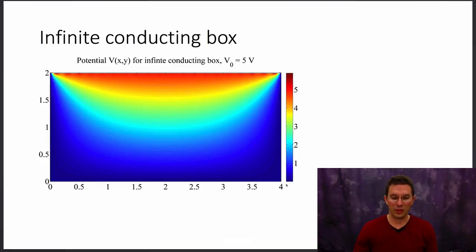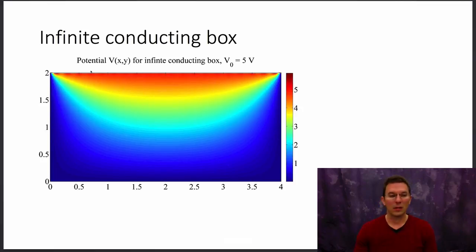So this is the x dimension here. All right, so it goes from 0 to 4, and the y dimension goes from 0 to 2, just like this. Okay, so it's a 4 by 2 trough essentially, and I've set the top side, the top potential here, v naught equal to 5 volts.